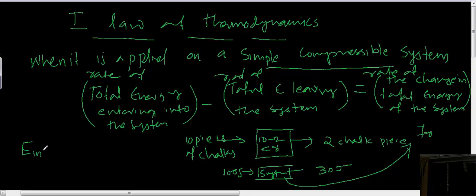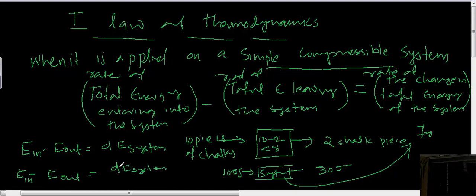Instead, E in minus E out is equal to dE system. Now, if it is the rate form, E dot in minus E dot out is equal to dE system by dt. So this becomes the rate.